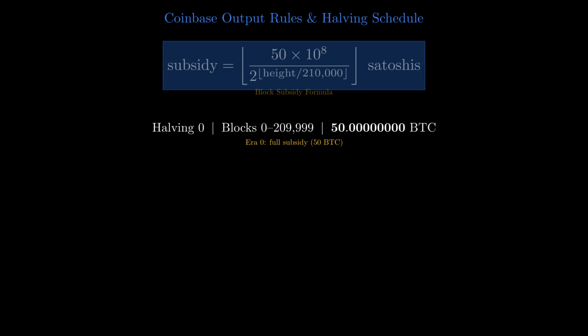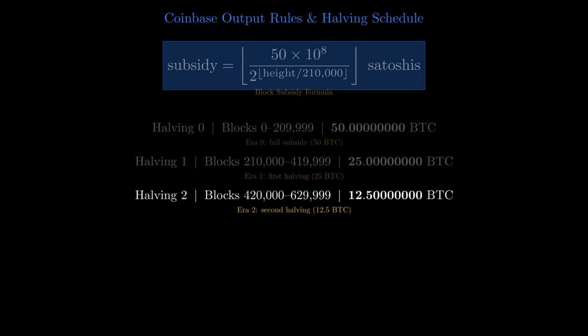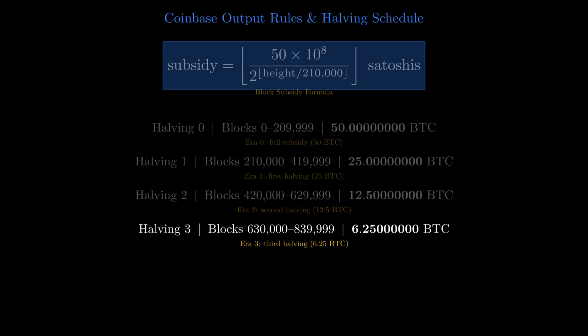Halving 0 covers block 0 through 209,999 with a subsidy of 50 BTC. At halving 1, starting at block 210,000 through 419,999, the subsidy drops to 25 BTC. Halving 2 covers blocks 420,000 through 629,999 at 12.5 BTC.